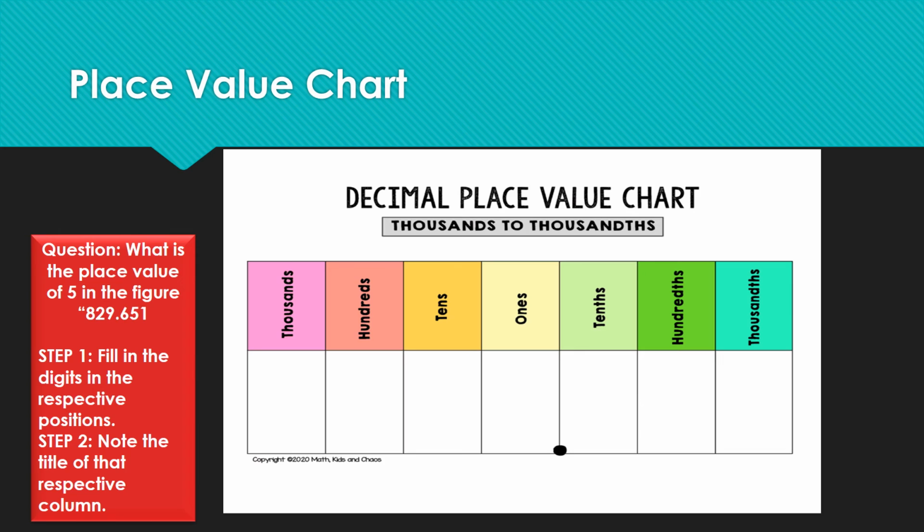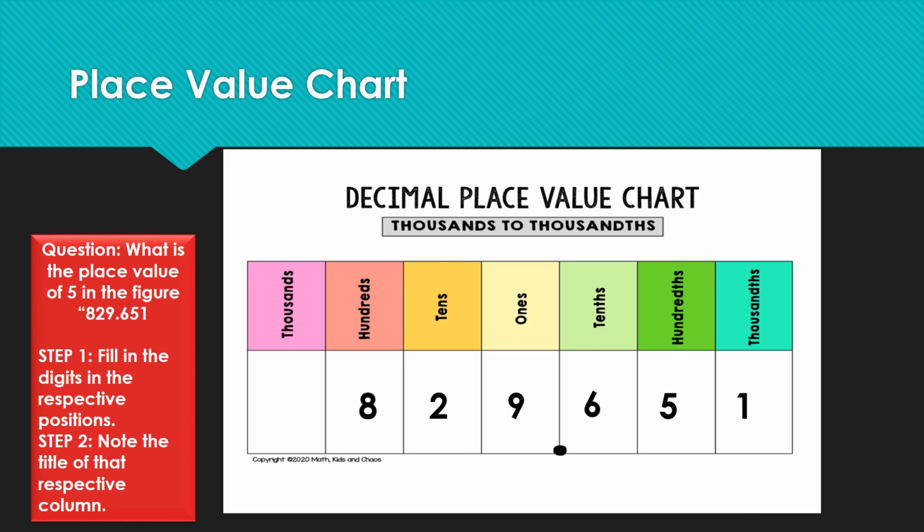So when we're asked and we're going to use the chart, you can just fill in the chart first, and then it will be easier for you to identify where your digit falls. So our 8 is in the hundreds place, 2 is in the tens, 9 is in the ones, 6 in the tenths, 5 in the hundredths, and 1 in the thousandths.